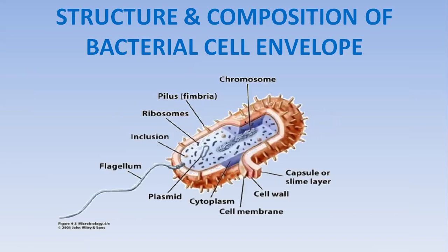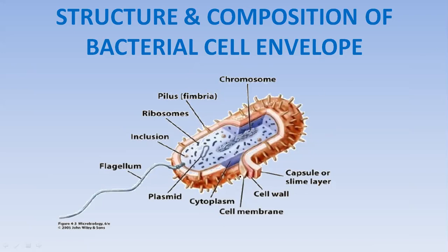If we talk about this structure, the cell membrane is included in the internal structure, not in the cell envelope. But specifically today we will talk about its cell envelope, in which we'll talk about a cell wall and its outer covering, that is called glycocalyx. And then we'll see its size and shapes and motility, etc.